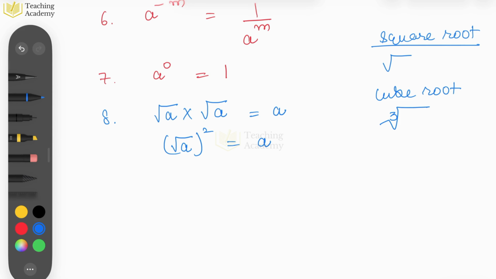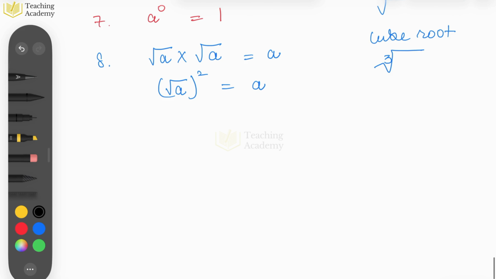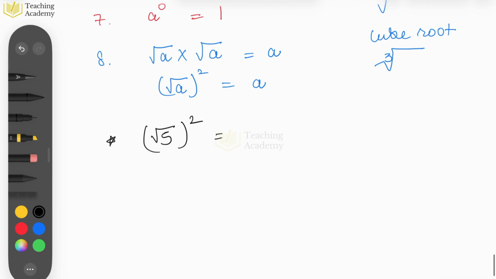Okay, let's take a few more examples to make it more understandable for you. So if I'm writing a very basic one, let's take the first example, root 5 squared. You can directly write it in this form or in this form. I mean, you can expand it and then solve it.